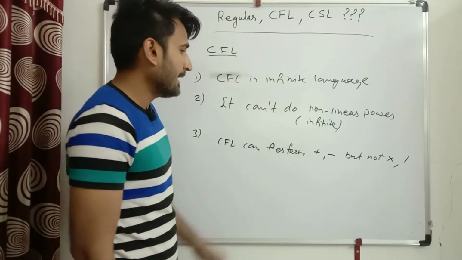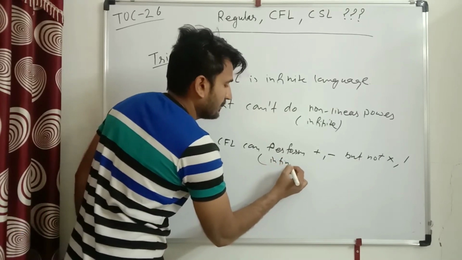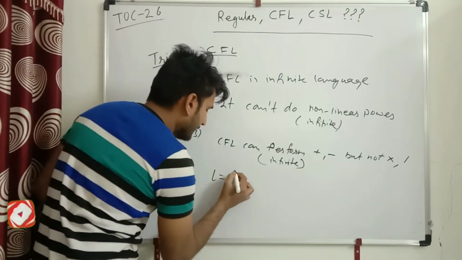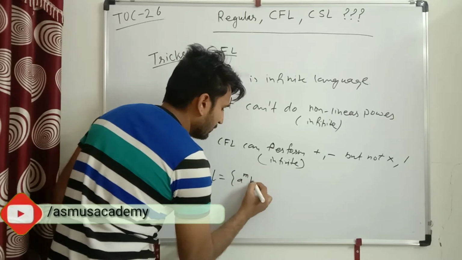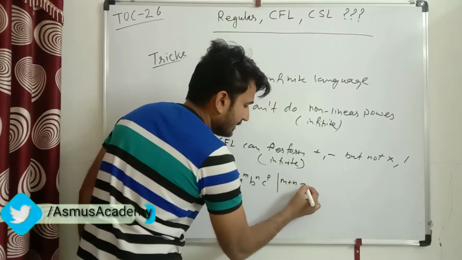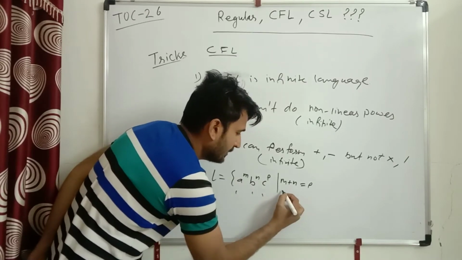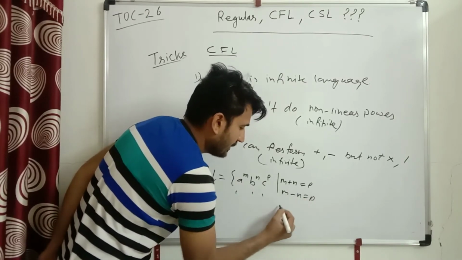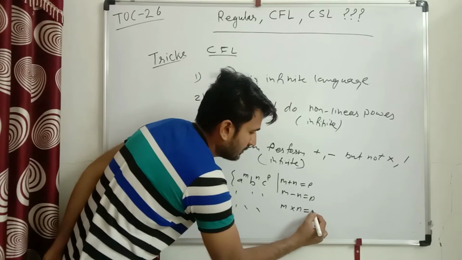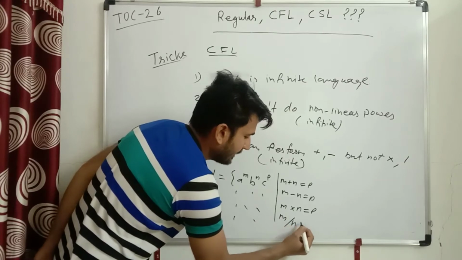Take an example, for infinite language: a^M b^N c^P, where first, M plus N equals P. Second example, M minus N equals P. Third, M multiplied by N equals P. Fourth, M divided by N equals P.